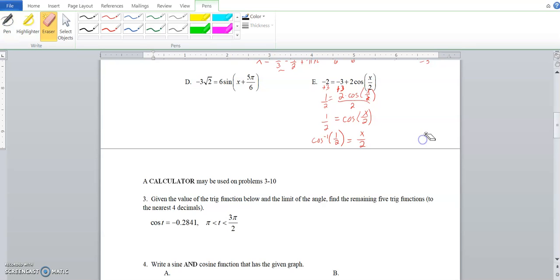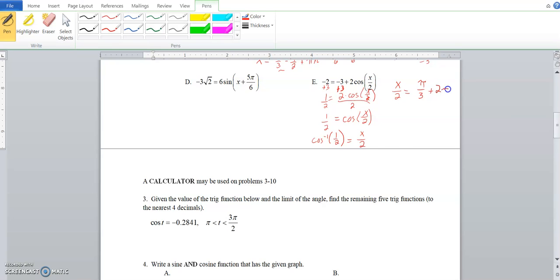Erase this dot. So where does cosine, what angle, gives us cosine of a half? Well, we know that cosine inverse half, I'm going to flip this around. So I'm going to say x over 2 equals, and then the cosine inverse. So I'm just flipping that. But let's add pi over 3.